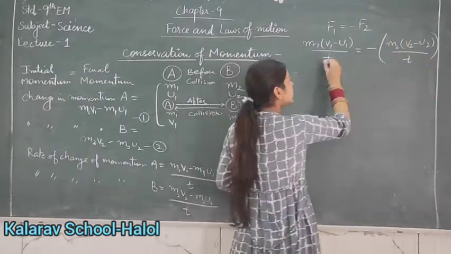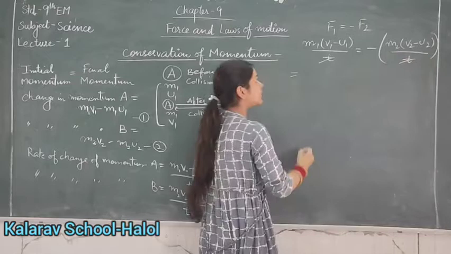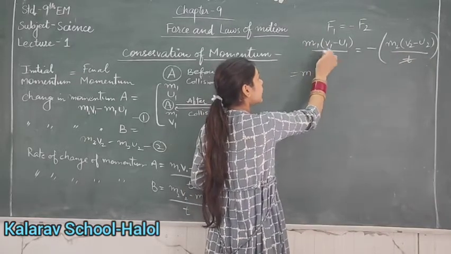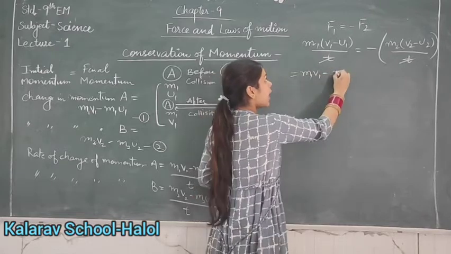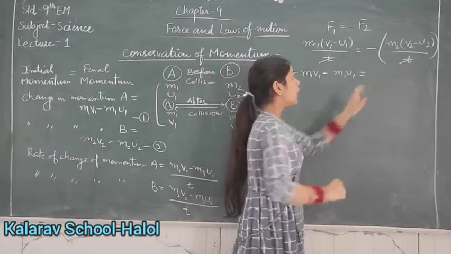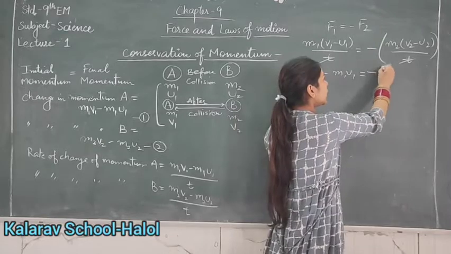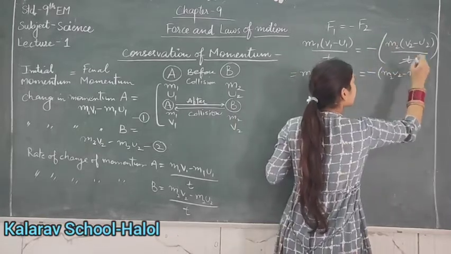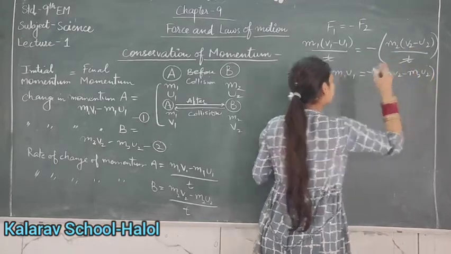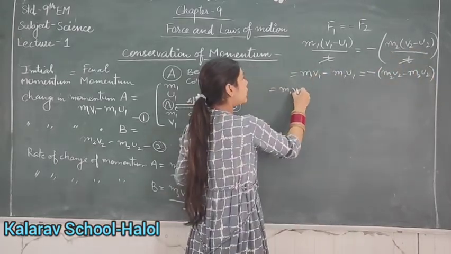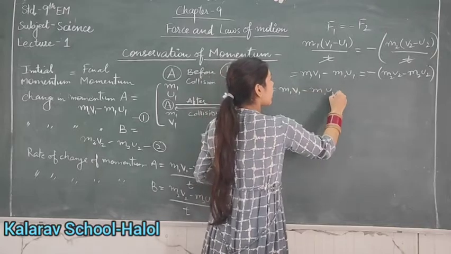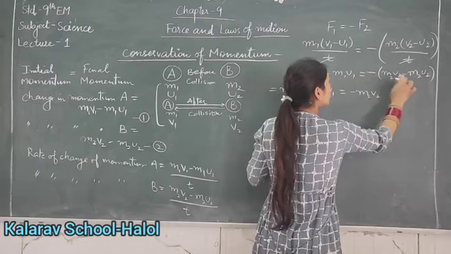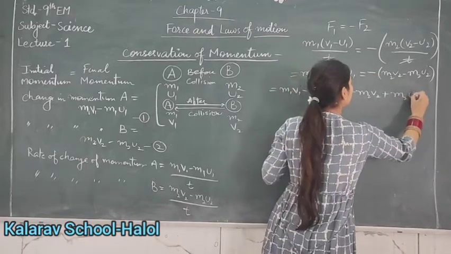As t is the same on both sides, we can cancel it. Just multiply out the brackets, that is m1 v1 minus m1 u1. Here the minus sign applies to m2 v2 and minus m2 u2. With simple simplification, the minus sign goes inside, so m2 v2 and minus minus becomes plus m2 u2.